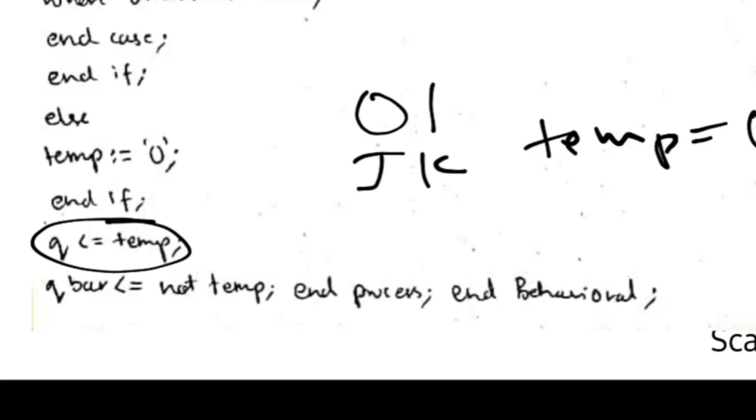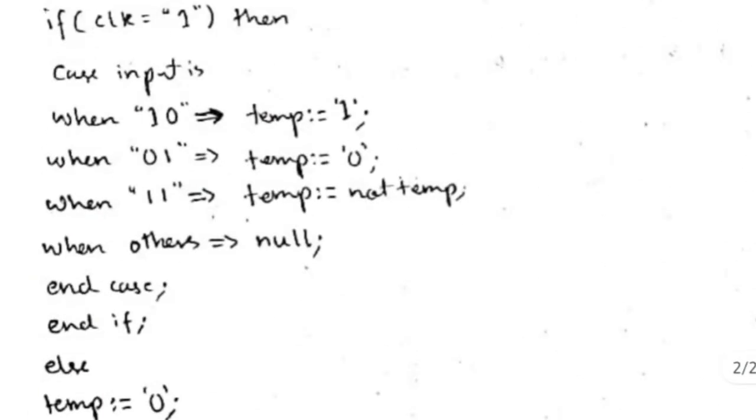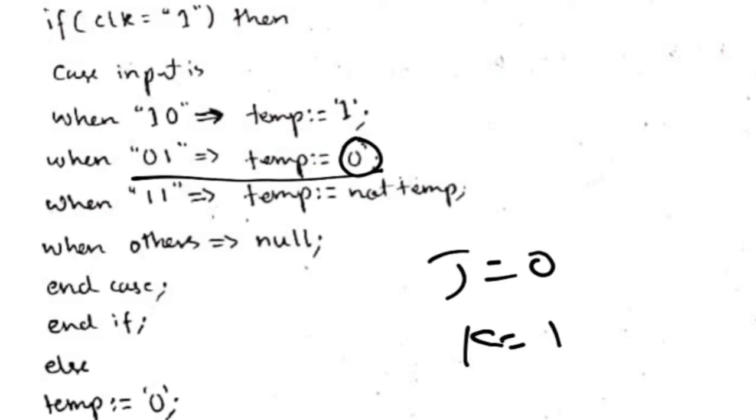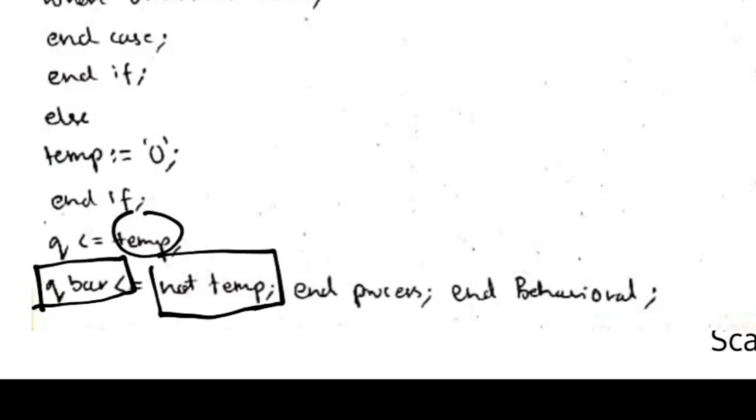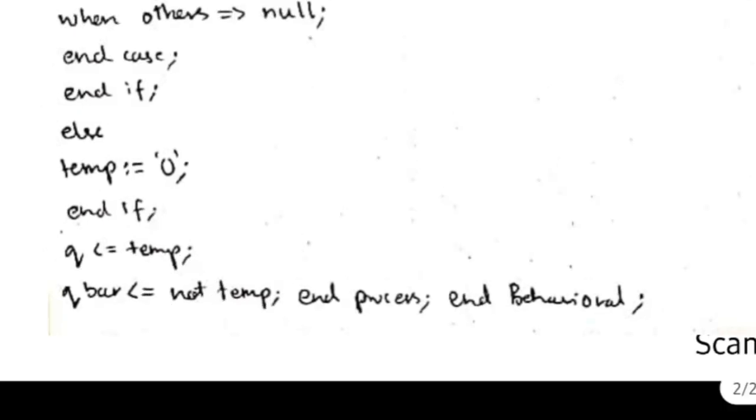In the second line, temp will become 0 and Q will become 0. When J is 0 and K is 1, Q value should be 0. And Q bar is also there, right? Q bar is not temp, which means whatever value of temp is in Q, the reverse value of that should be in Q bar, so not temp here. That ends the process, and this is the code for the JK flip-flop.